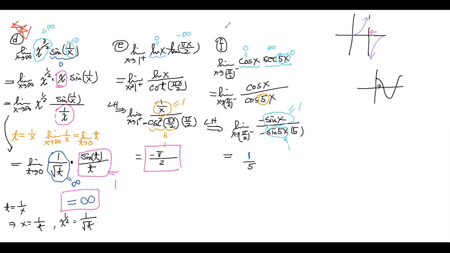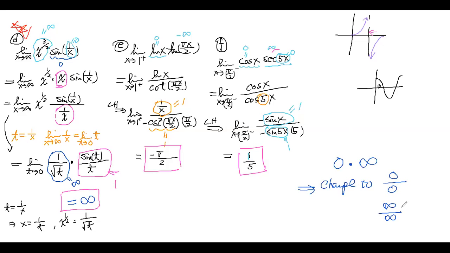That's right, so the limit approaches 1/5. Okay, so this is what this video is about. Remember, for this video we are dealing with 0 times infinity. The trick here is you flip it, so you change it to either 0 over 0 or infinity over infinity.